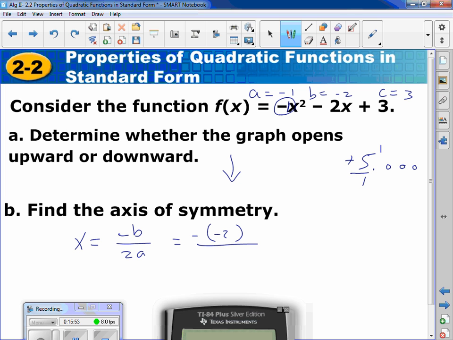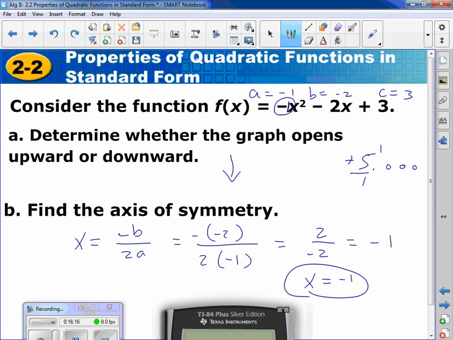Over 2 times, what's a? Negative 1. Negative negative 2 is positive 2. 2 times negative 1, negative 2. 2 divided by negative 2 is negative 1. The AOS is negative 1.